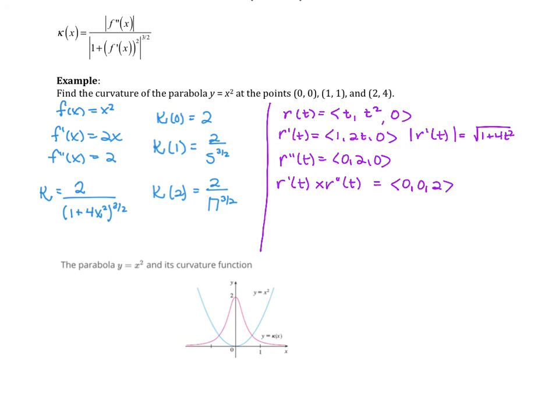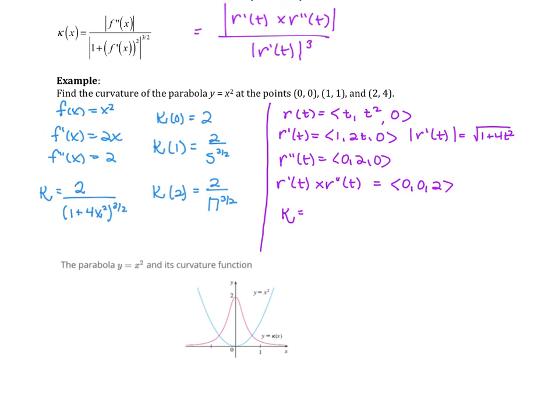But look at this, you guys, the curvature is still the same. If we look at the curvature formula, remember, I'm just going to write it up here: the magnitude of r prime of t cross r double prime of t, over the magnitude of r prime of t to the third.